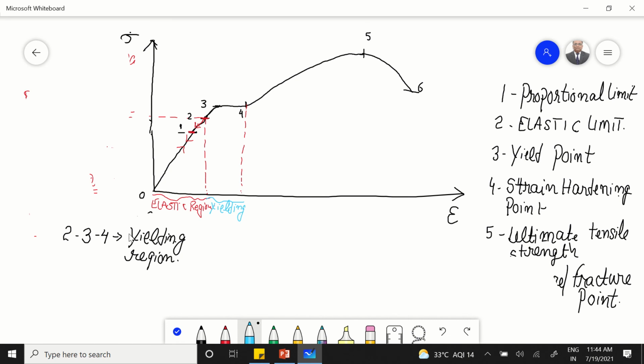Now, what do we mean by the term yielding, or what do we mean by the yielding region? As we have reached the elastic limit of the material in the tension test, what will happen if you further increase the load value and cross this elastic limit point?